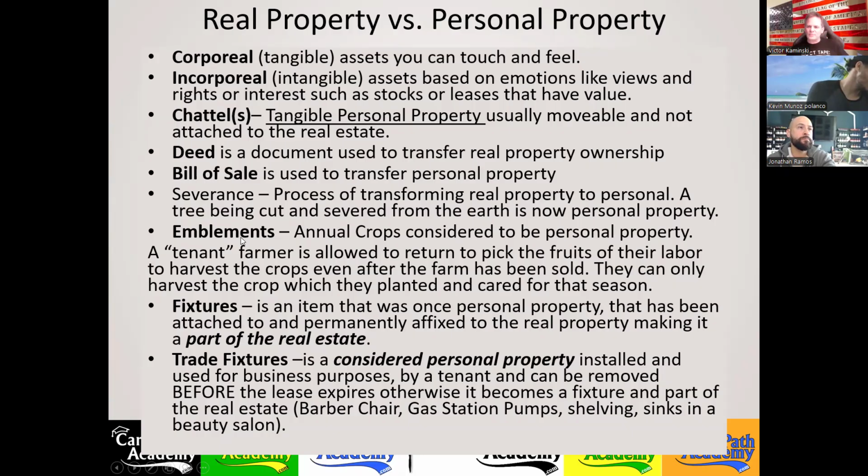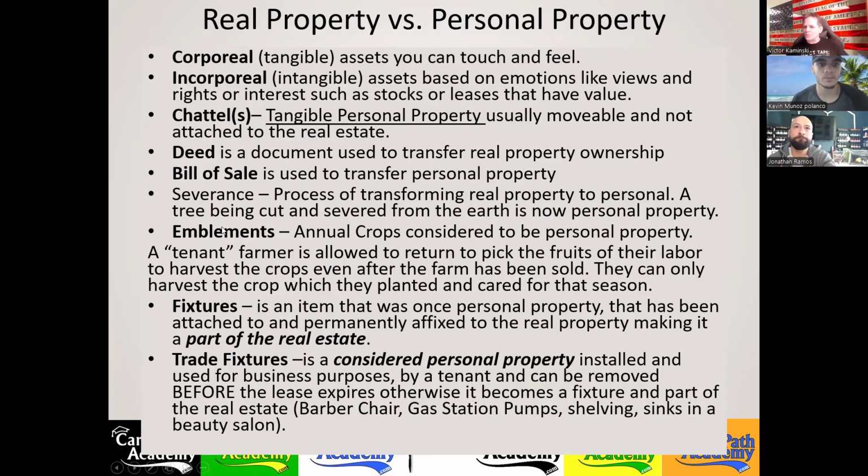What kind of property is an emblement? Annual crops. And what kind of property is it? Personal or real? Is it real estate or is it personal property? Personal. There's only two kinds of property on this planet.